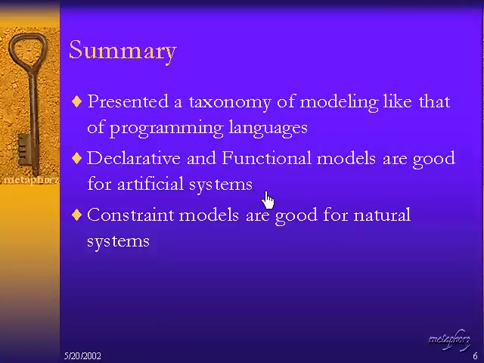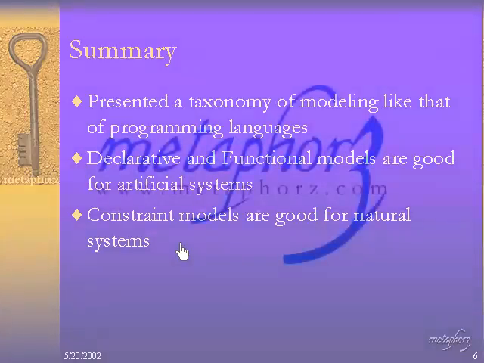Declarative and functional models tend to work best for defining the dynamics of artificial systems containing cognitively oriented state and event spaces. And constraint models, on the other hand, are widely used for representing laws dictating how nature operates.